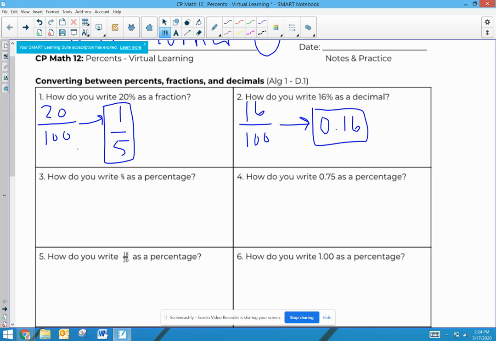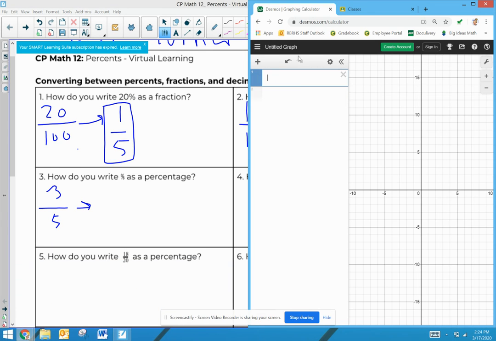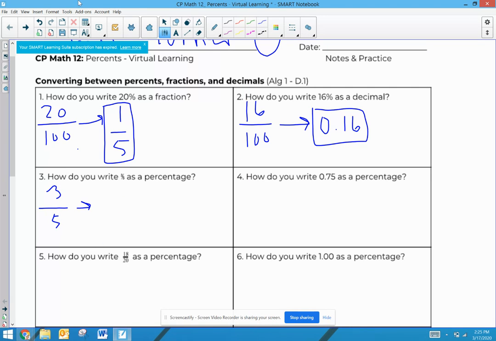All right. How do you write 3/5 as a percentage? Great question. 3/5. Let's do this. That's 0.6. Okay. So I'm going to do that first. This is an intermediate step. 0.6. I can put that extra 0 there, 0.60.